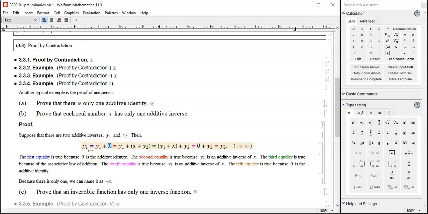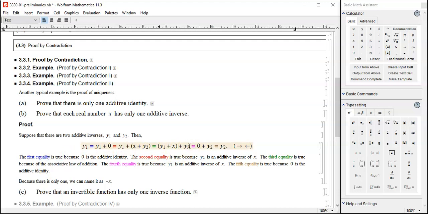Next, the red equality. y1 stays the same. 0 is equal to x plus y2, because y2 is another additive inverse of x, so this adds up to 0. So that's the red equality. Next, we change the order of addition. That's associativity. The third equality, this green equality, is the associative law.